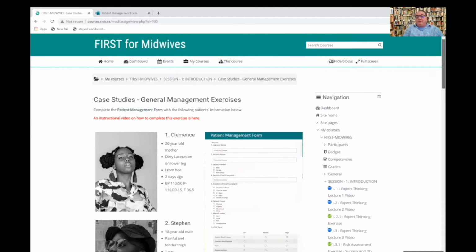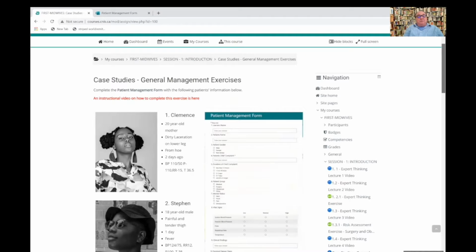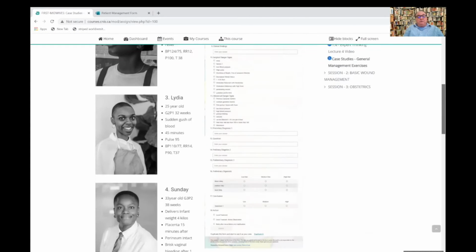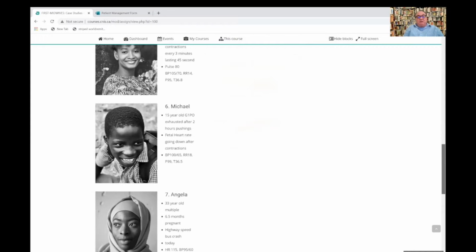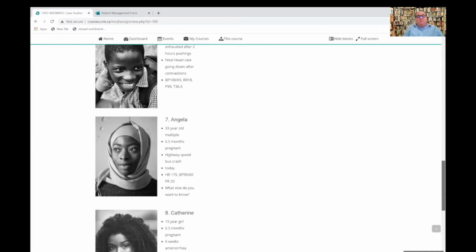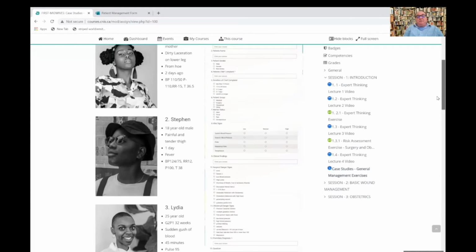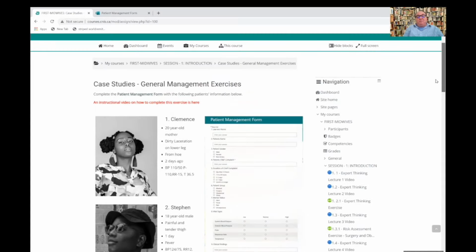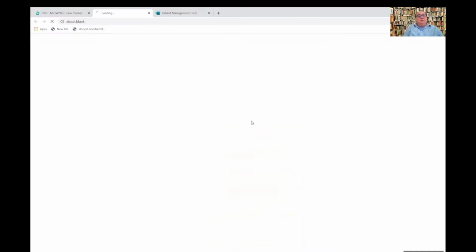You see the patients on the left. There are 1, 2, 3, 4, 5, 6, 7, 8 cases for you to practice with. And you're going to use the patient management form over here to try and help you make decisions as an expert. You click on that.